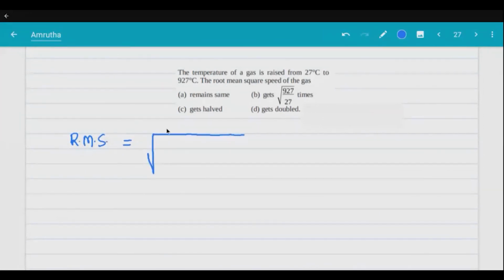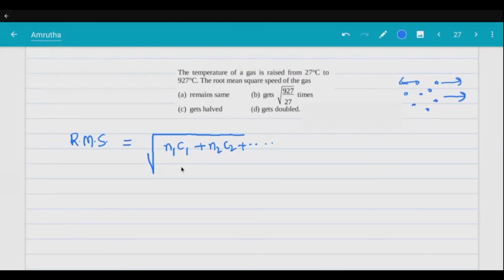Mean. Suppose N1 molecules are there with C1 velocity. Because gas molecules, there are many molecules moving randomly. They may have different velocities. Yes or no? All molecules will not move with the same velocity. Suppose in a class 80 students are there. All students cannot get first rank, right? Not possible. So even gas molecules don't have the same velocity. So what we are taking is the square root of the mean: N1 C1 square plus N2 C2 square over N1 plus N2.